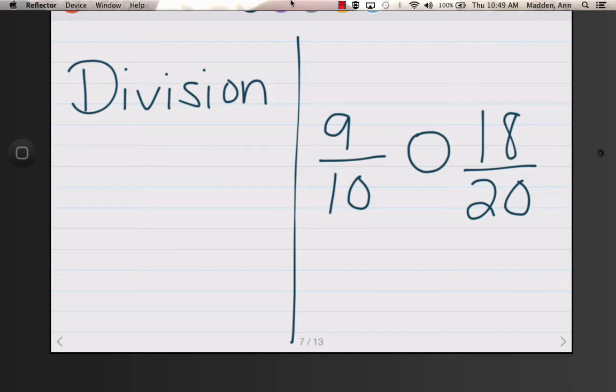I do 9 divided by 10. I get 0.9. I hope you are writing this as the second way in your notes. 18 divided by 20 gives me 0.9. Therefore, 9/10 is equal to 18/20.